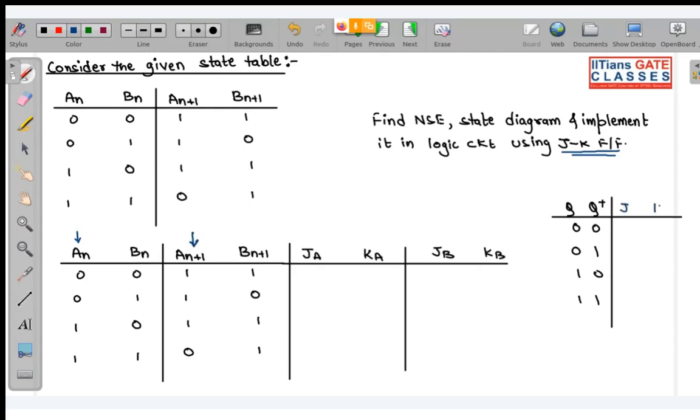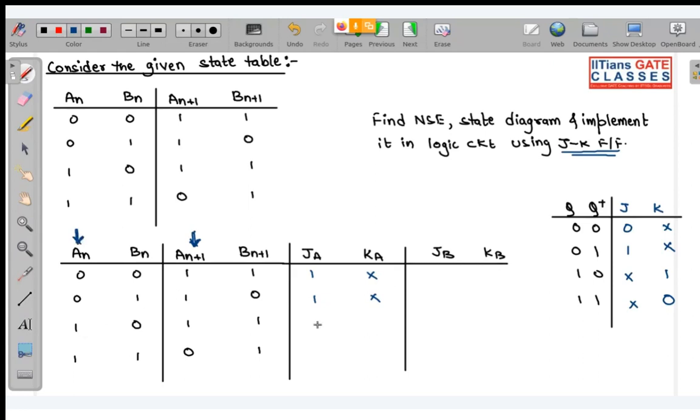So if we draw the excitation table, we can get the inputs for JA, KA, JB, KB. Look over here. First is 0, 1. So for 0, 1 the corresponding input is 1, don't care. Next is 0, 1, so again 1, don't care. Look at these two columns, only these two columns.